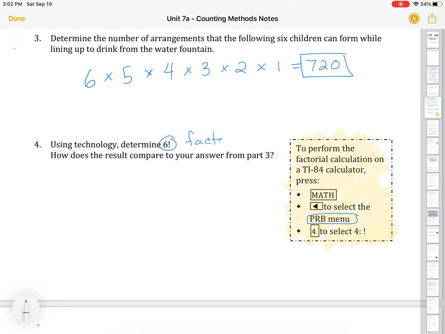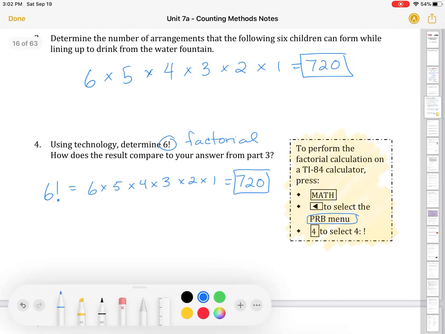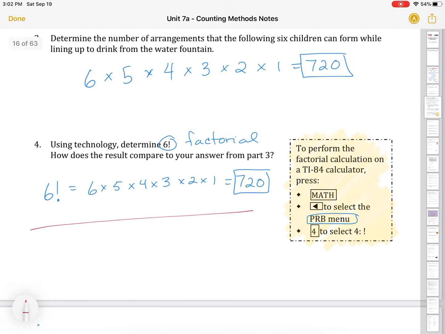So this is why I wrote that exclamation mark. This is a factorial. So when we do that and when we put it in your calculator, basically what a 6 factorial is, it's equal to 6 times 5 times 4 times 3 times 2 times 1. And when you type that in your calculator, you will get 720.